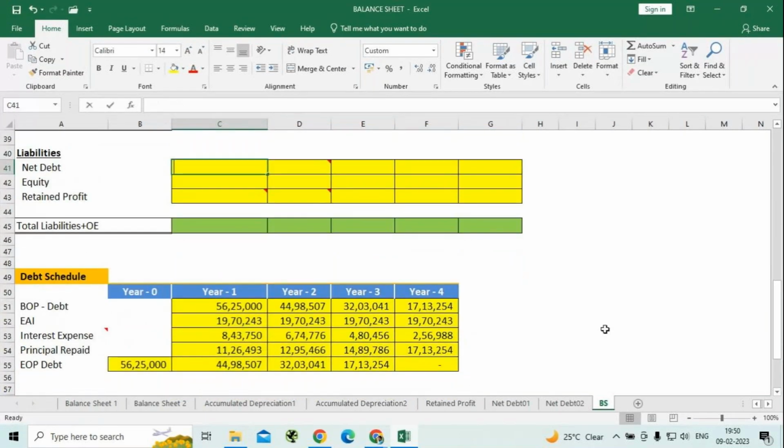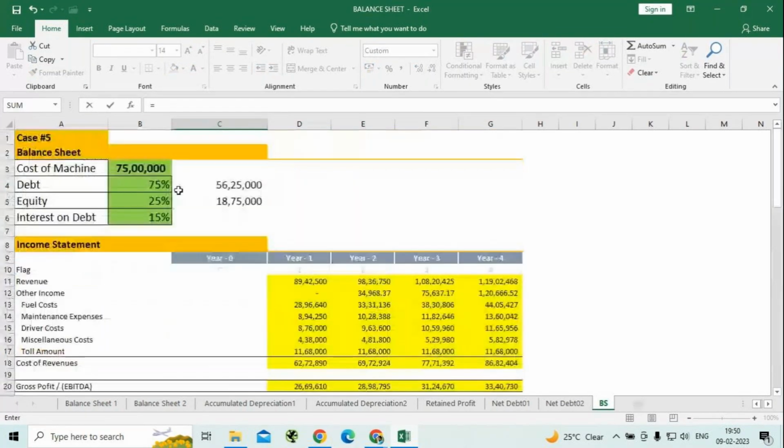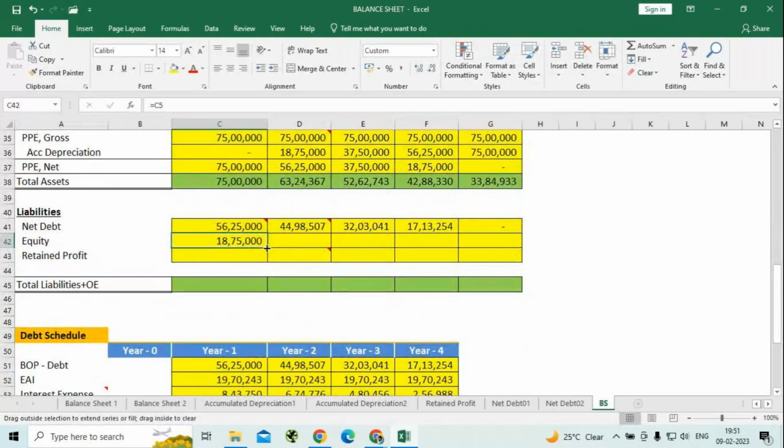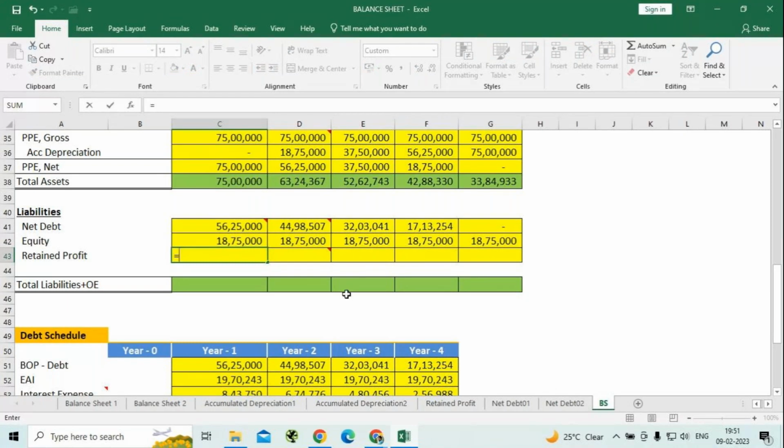From year 0, you have to drag this. The next equity value will be 18 lakh 75,000, and this remains the same for all the years. Then retained profit will be equal to the current year's profit.